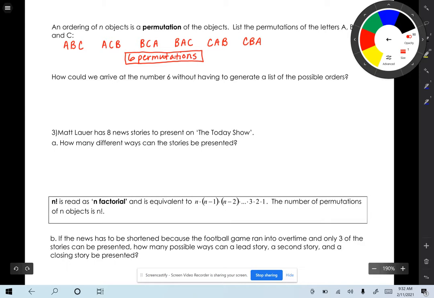How could we arrive at the number 6 without having to generate a list of the possible orders? So here's what we can do. There are a total of 3 letters, because A, B, and C, that's 3 letters. You have 3 choices for the first letter.